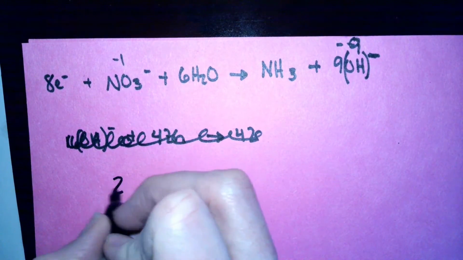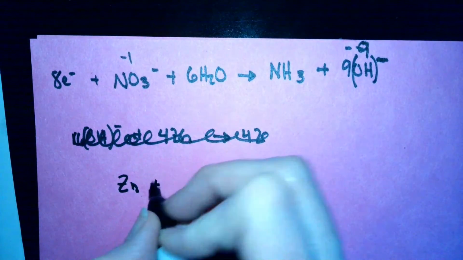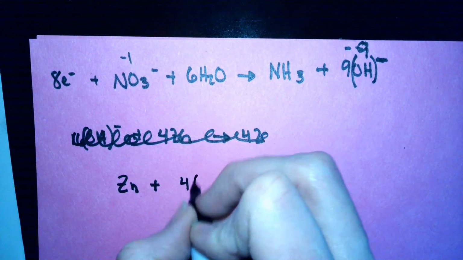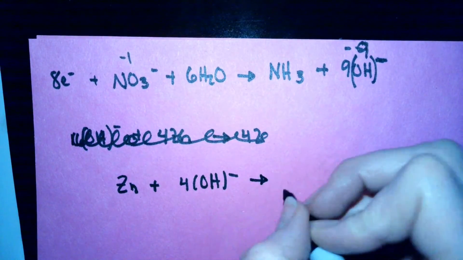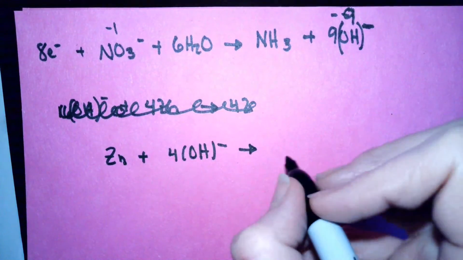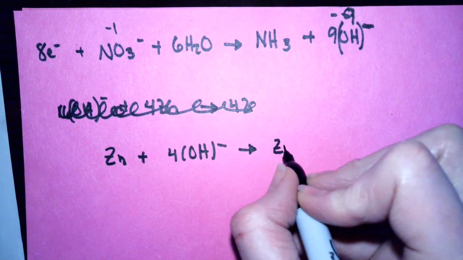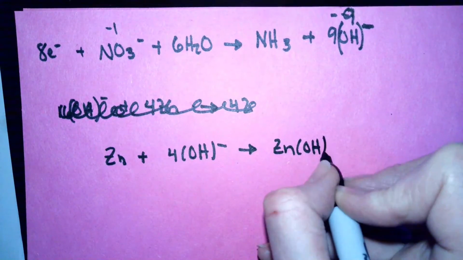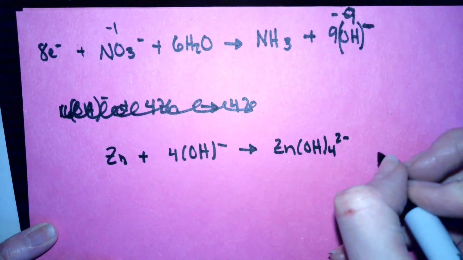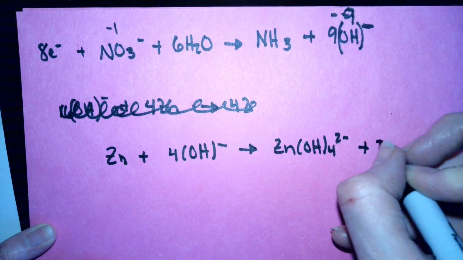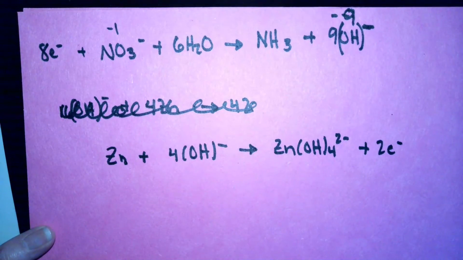Oh, so it was zinc and 4OH minus to reduce, and all the H2O's crossed off there, 2 electrons.